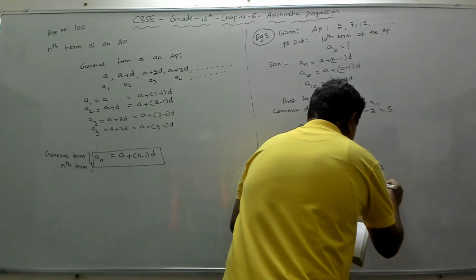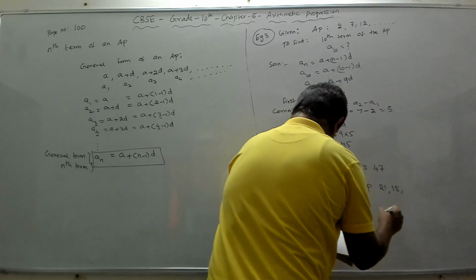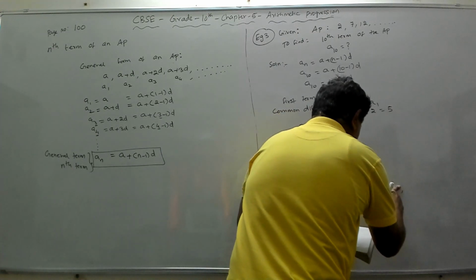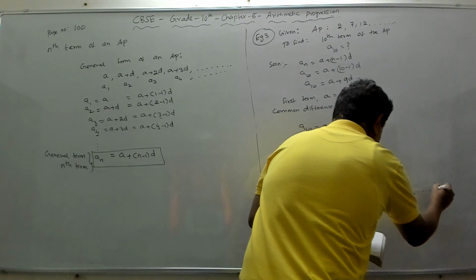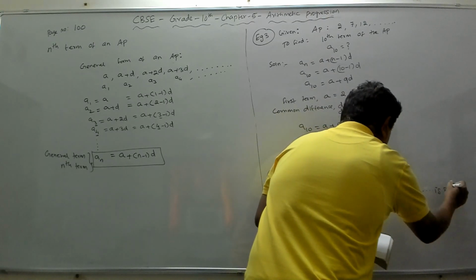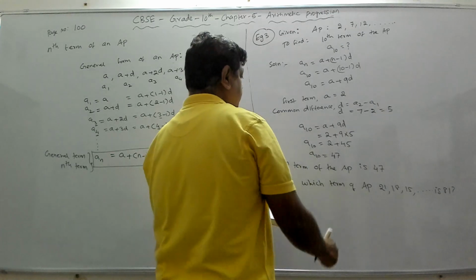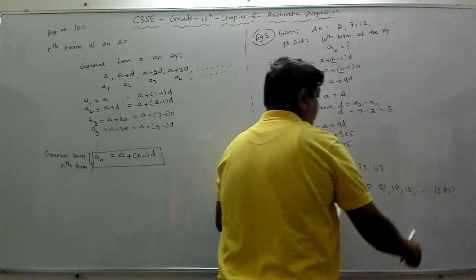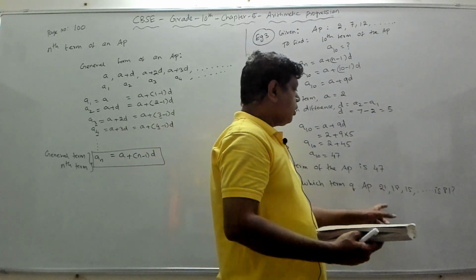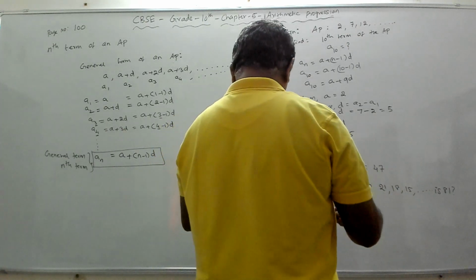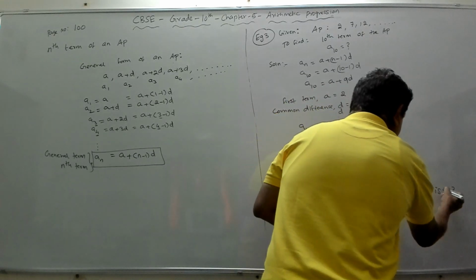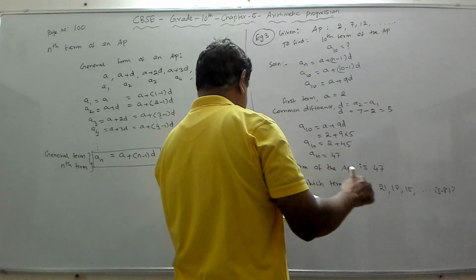AP is 21, 18, 15, and so on. If we keep on writing 21, 18, 15 like that, which term will become minus 81?